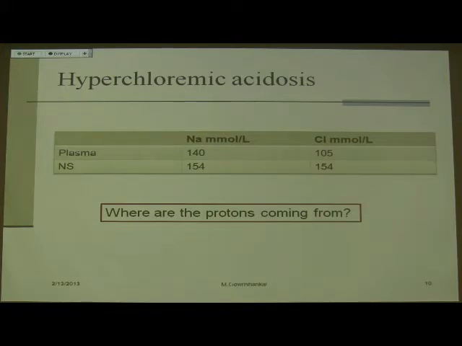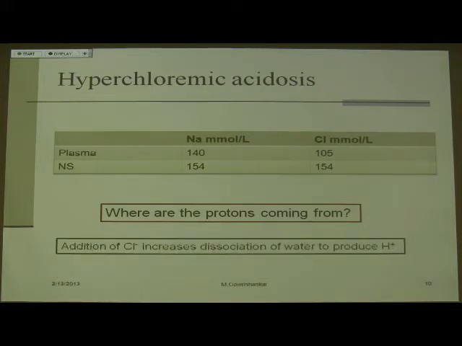So if you multiply 154 by 0.92, you'll get an answer of about 141, 142. So that's why the sodium concentration, when you add normal saline to the plasma, doesn't go up as much. However, chloride is going to go up because the discrepancy for chloride is much, much higher, right, from 100 to 154.